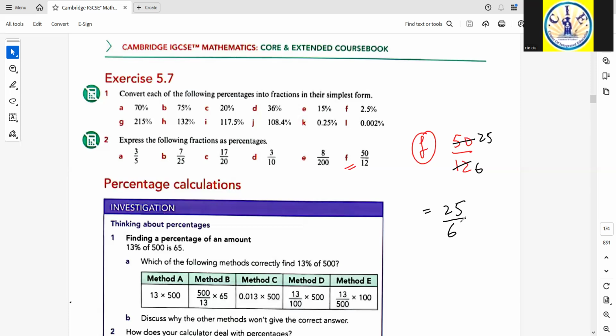Now, as we know that 6 is not a factor of 100, so if we need to make the denominator 100, we need to see what's the number we need to multiply it with.